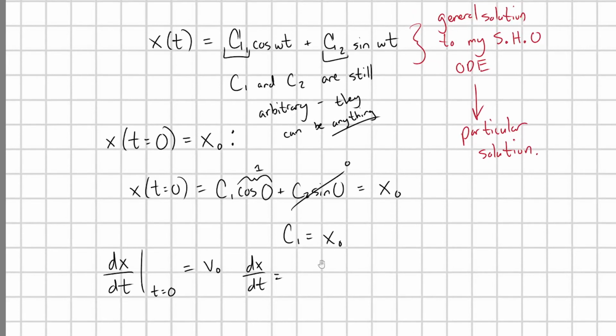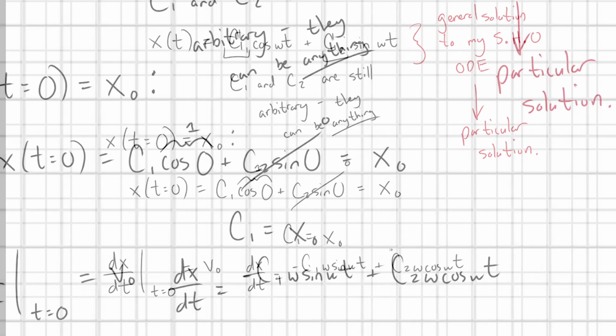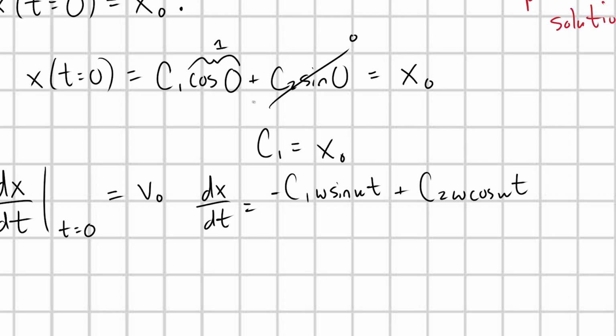Well, this is very nice and easy. This is simply going to be minus c1 omega sine omega t plus c2 omega cosine omega t. Nice and easy.